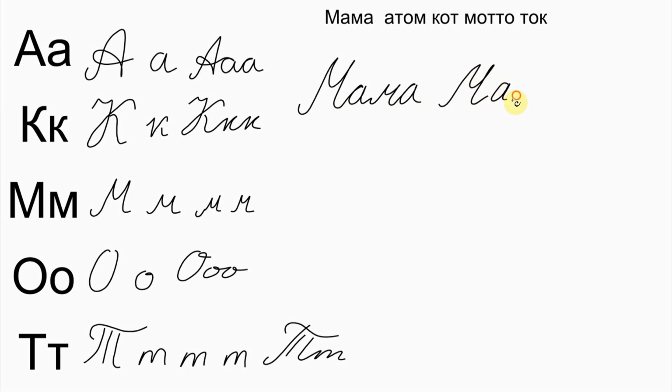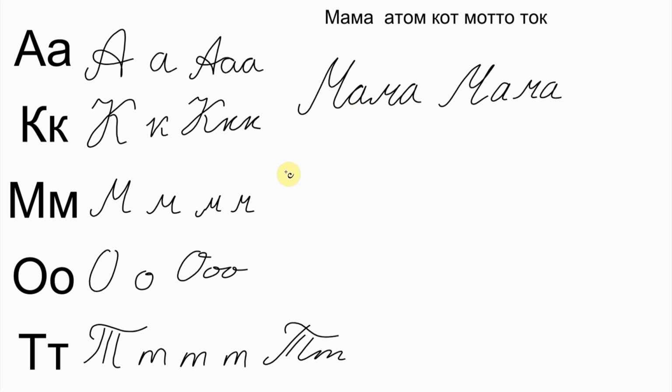M, A, M, A. Nobody will tell you anything if you write letters separated without connecting them. Still, cursive is much more efficient, also in this case, and many Russians write like this.